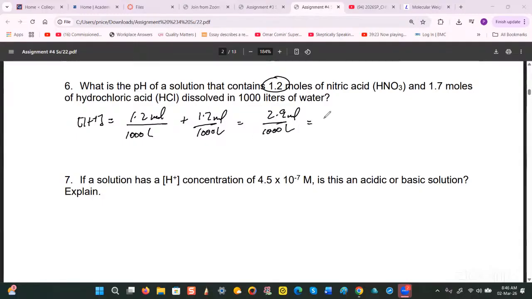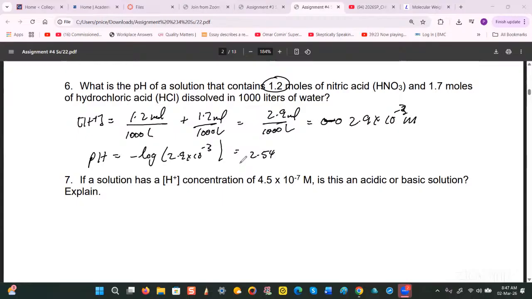So that would be 2.9 times 10 to the minus 3 M, right? Okay, what next? Exactly. So pH would be equal to minus log of 2.9 times 10 to the minus 3. And when I did that calculation, I got 2.54.